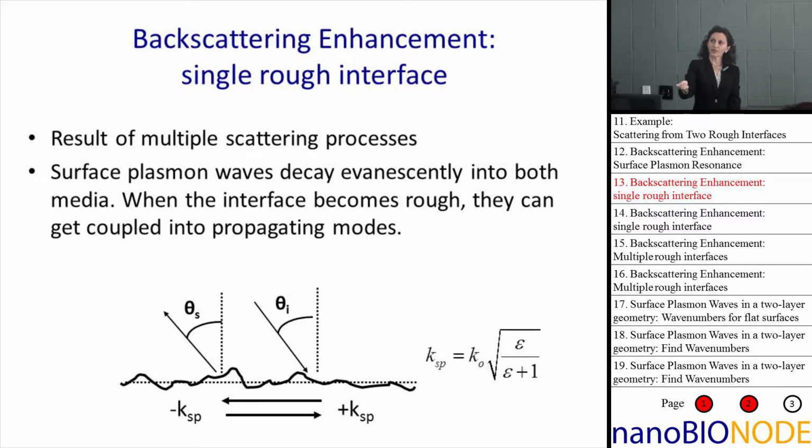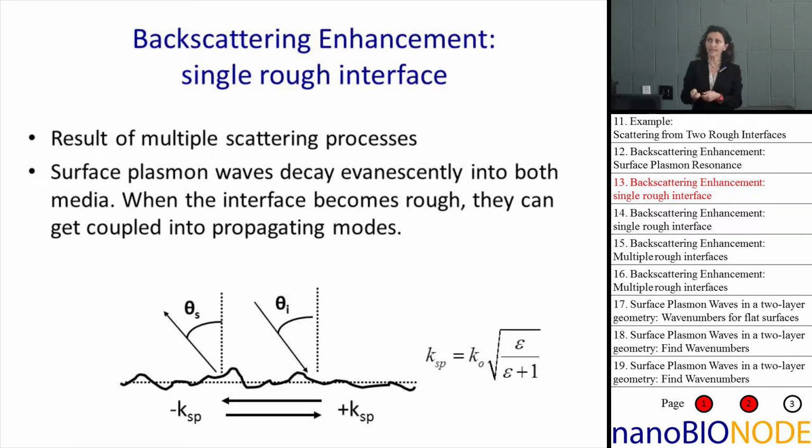So in this picture, if this is the z direction, they're evanescent in the z direction. They propagate along the surface. So there are waves that have some positive k in the transverse direction, and then because of various multiple scattering effects, they also get bounced back, so they have a backward traveling wave number component as well.